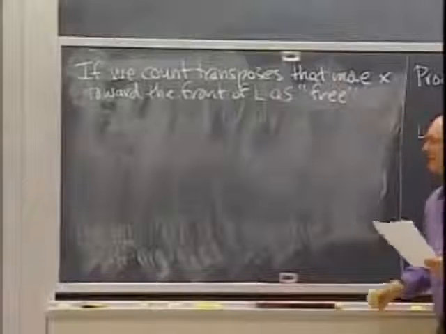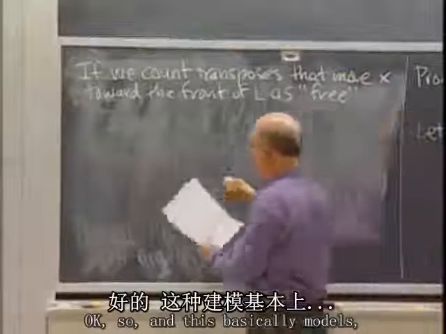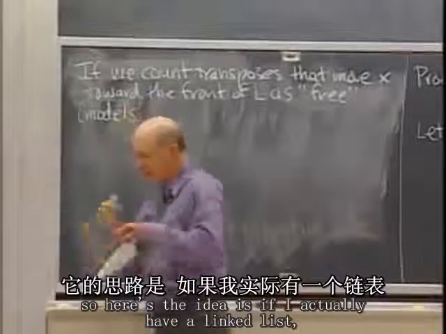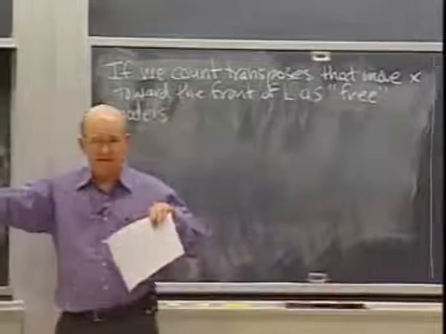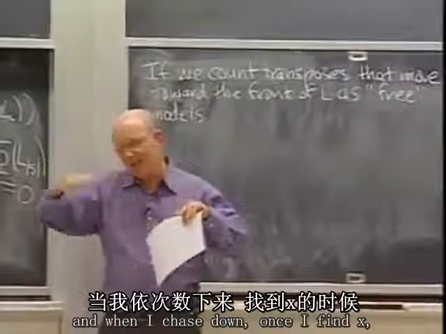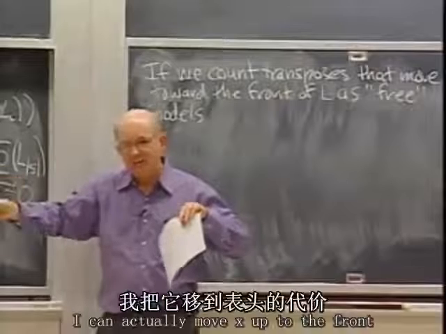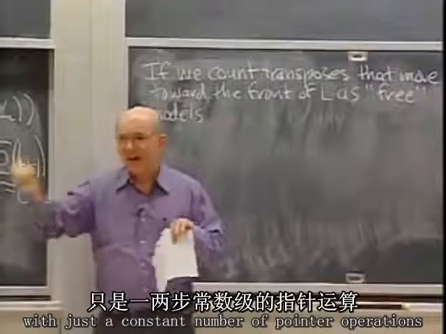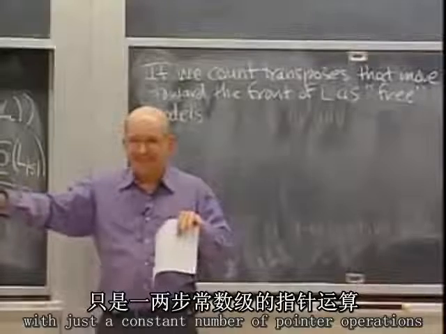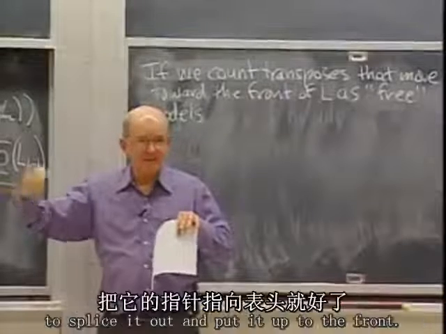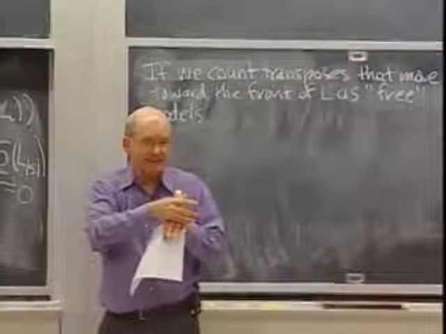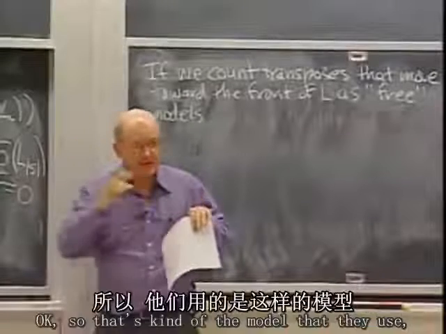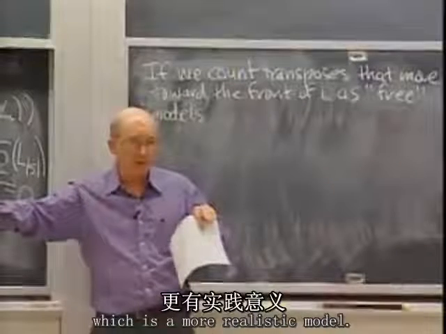Basically, if I have a linked list, then once I find x, I can move x up to the front with just a constant number of pointer operations to splice it out and put it at the front. I don't actually have to transpose all the way back down. So that's the model they use, which is a more realistic model.